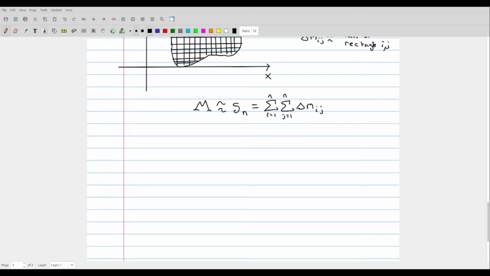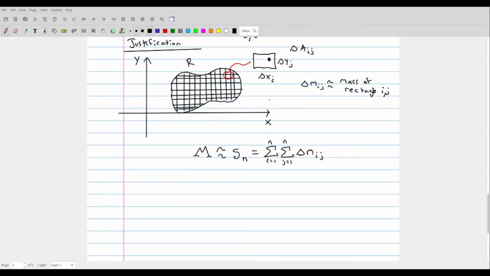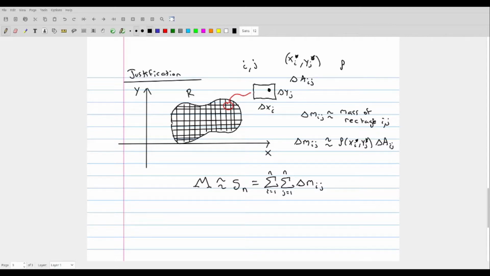Well, we know that delta mij for very small values of the rectangle is going to be approximately equal to the density at the sample point multiplied by the area of the ijth rectangle, because the density function at the sample point is approximately equal to the amount of mass contained in the ijth rectangle divided by the total area of the ijth rectangle.